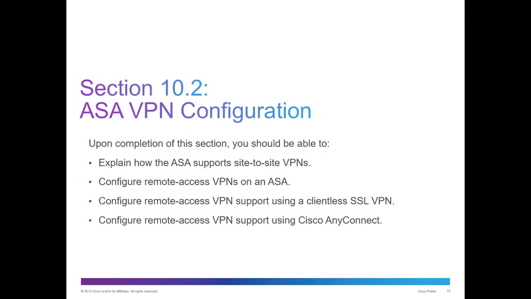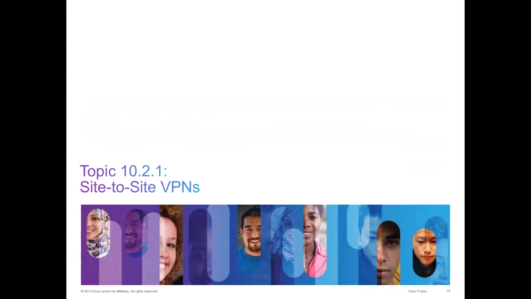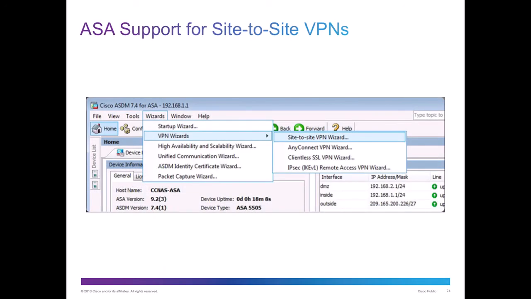All right, so finally we get to an example where we're going to set up an ASA VPN configuration with a site-to-site VPN using the ASA. Imagine this: on the one end there is the ASA, and on the remote site we're going to have a router, just a regular router.